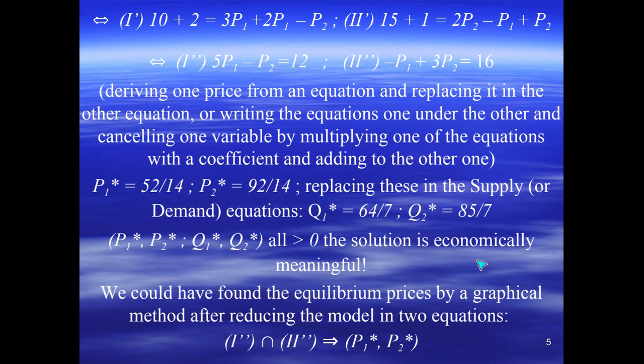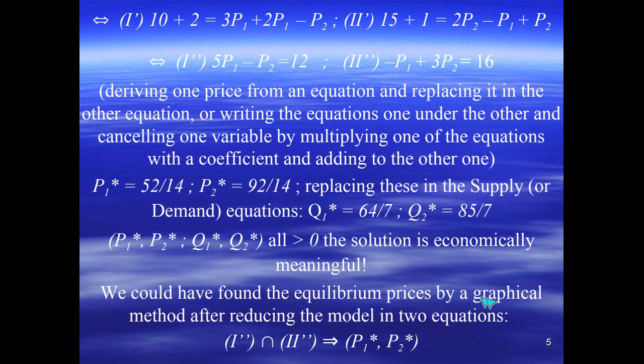So the solution is economically meaningful. When we mean solution, it is all these. This is a quadruple, a four-tuple, which is P1 star, P2 star, Q1 star, Q2 star. When we find both the equilibrium prices and quantities for all the markets, then we say we find the solution.